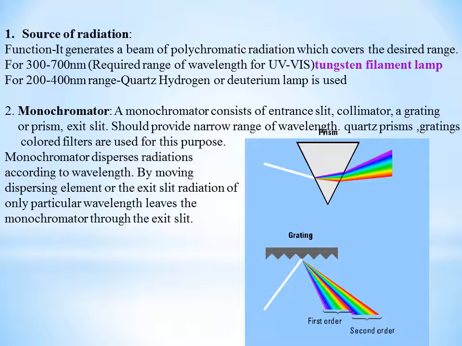If the desired range is from 200 to 400 nanometer, then we can use a quartz hydrogen lamp or deuterium lamp. Again, the function of the source of radiation is that it generates a beam of polychromatic radiation.